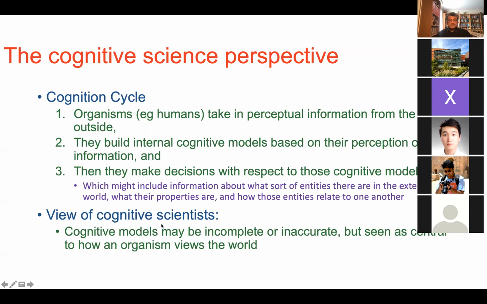The view of cognitive scientists is that cognitive models may be incomplete or inaccurate, but see them as how an organism views the world. So this may not be perfect. Thinking fast, thinking slow is one of those. It's a cognitive model. It may not be complete and accurate, but it seems to be a useful viewpoint.